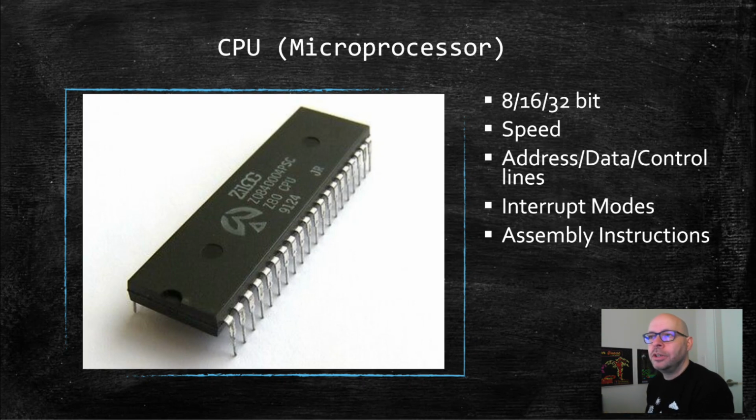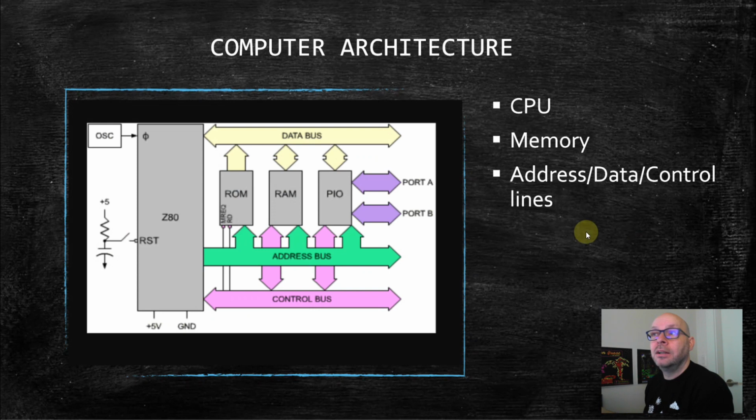All right, so let's move on to our next slide, which is titled Computer Architecture. And over on the side here, we have 3 points: CPU, memory, address data control lines. So typically a microcomputer would consist of at least these 3 different types of items: the CPU, which is the processor we just looked at, the memory, which consists of ROM memory, RAM memory, and the different ways that memory is split up and how it's used, as well as the address data and control lines, which are called buses.